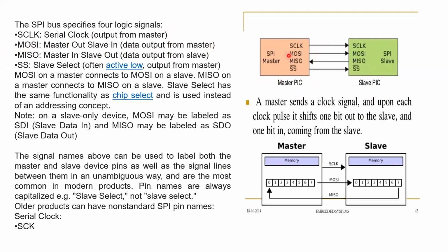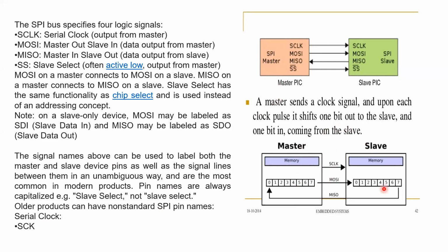So remember, 4 lines are there: serial clock, master out slave in, master in slave out, and chip select, that is slave select. Instead of chip select, since many slaves are there, we say slave select. So you have to understand this. Now you have seen master and slave. So first it will send the clocks, and then MOSI.